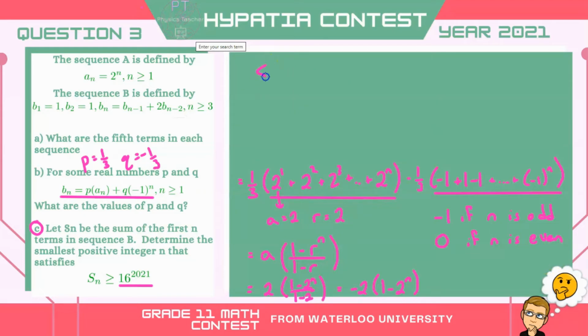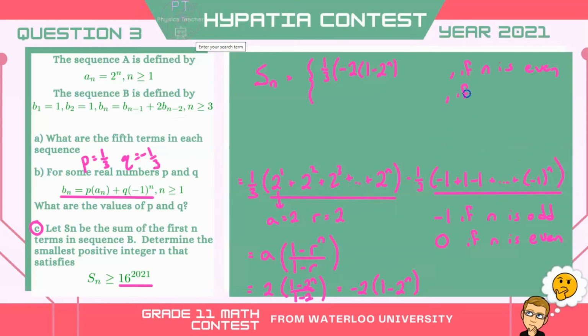So simplifying, the sum Sn for our second sequence, you can write this as a piecewise function. It's either going to be 1/3 times negative 2 times 1 minus 2 to the n, if n is even, then that whole second term here becomes 0.